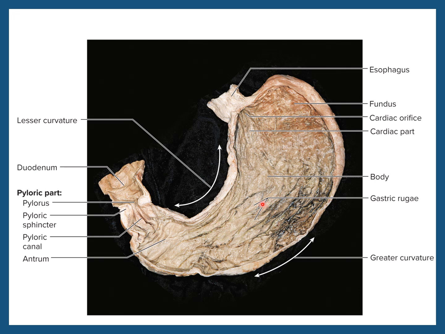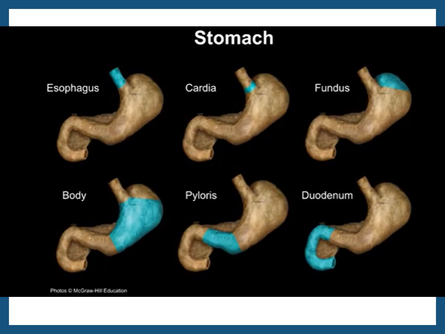These folds of the inner membrane are called rugae. And then you have the pyloric region, which will include the antrum, and then the pyloric canal, and then the sphincter. Here we have those portions highlighted to help you orient yourself with the parts of the stomach.